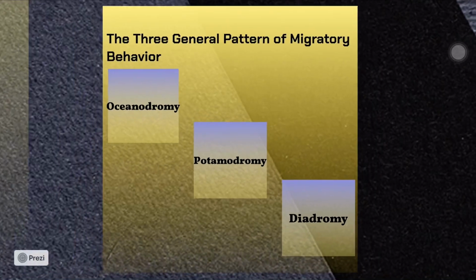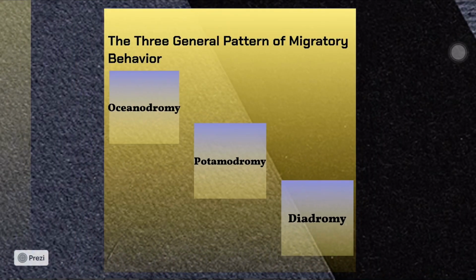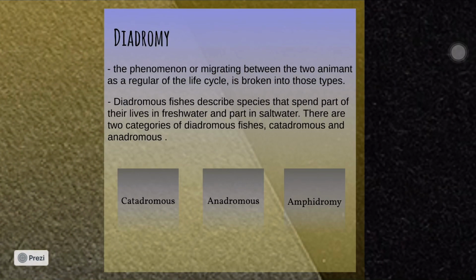Next, diadromy. The phenomenon of migrating between the two waters as a regular part of the life cycle.